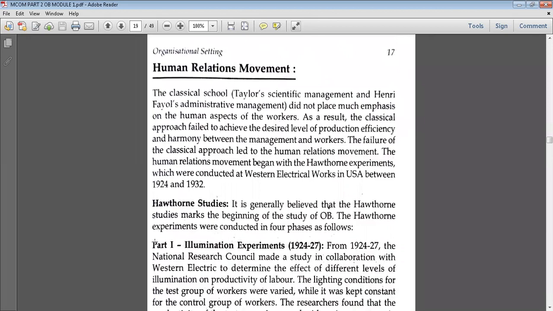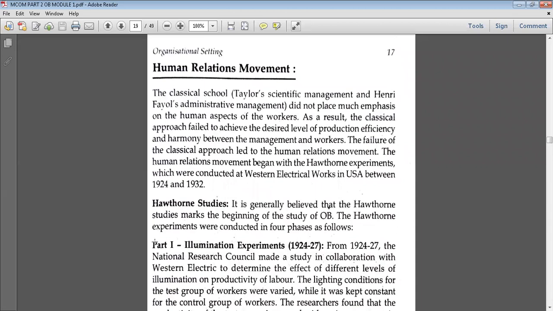Now, this particular concept, the human relations movement, is part of an experiment which was conducted in the USA. This experiment was known as the Hawthorne experiments, and it was conducted in an organization between 1924 and 1932 in the USA.